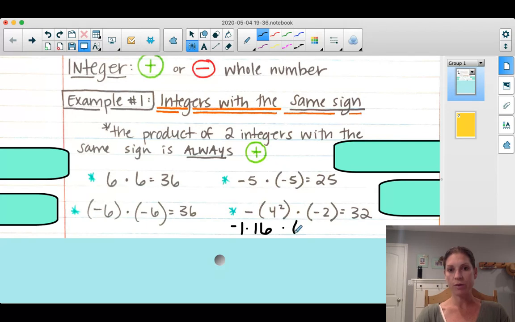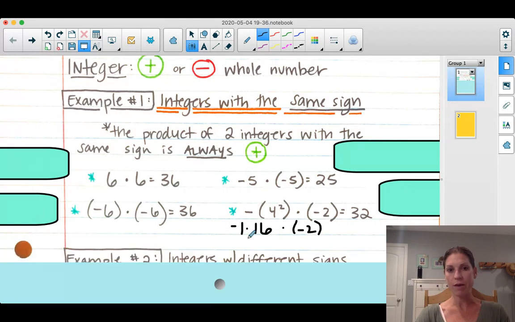And then we're going to multiply that times our negative 2. So that's where we're getting the negative times the negative equaling the positive, because negative 1 times 16 is really negative 16. And then when we multiply negative 16 times a negative 2, that's where we get our positive 32 from, okay?